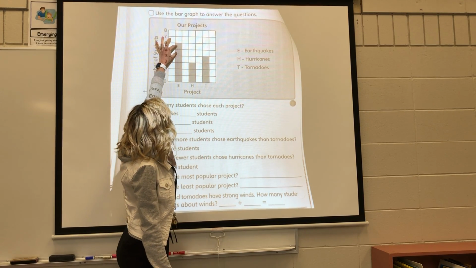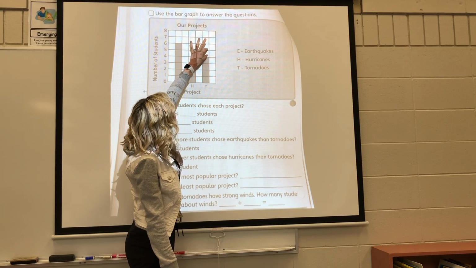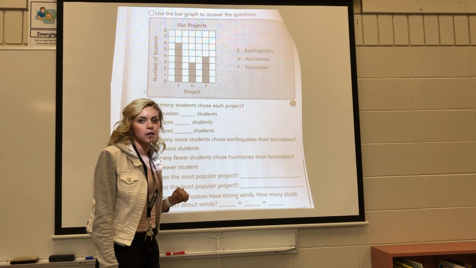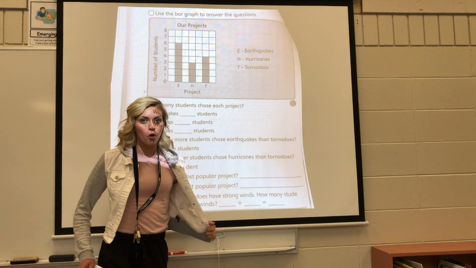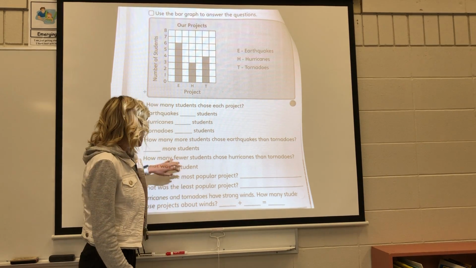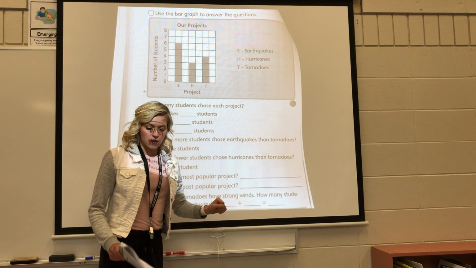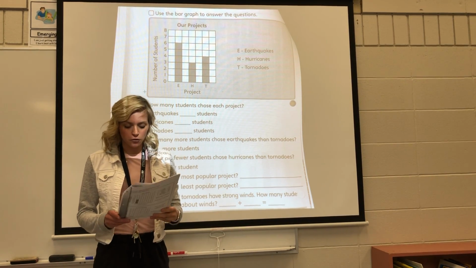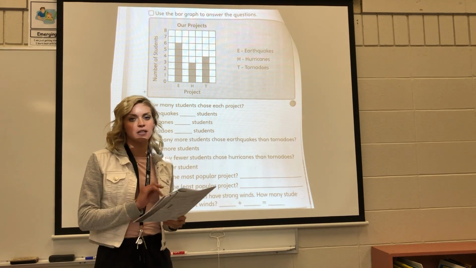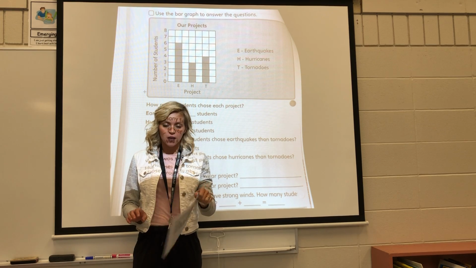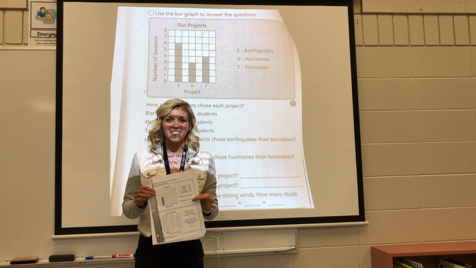So I can count how many squares are empty above tornadoes. So it's 2. So 2 more students chose to do earthquakes over tornadoes. I would like you to fill in the rest of this one, and that is it for your math assignment for today. We will move on to our next couple bar graphs in the next lesson.